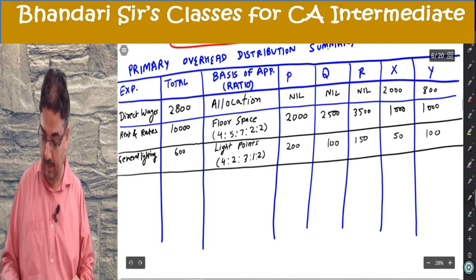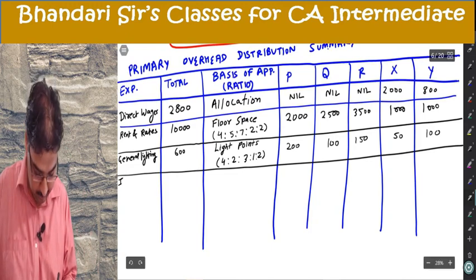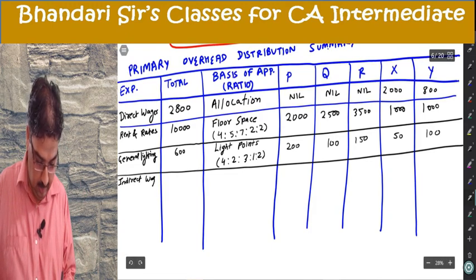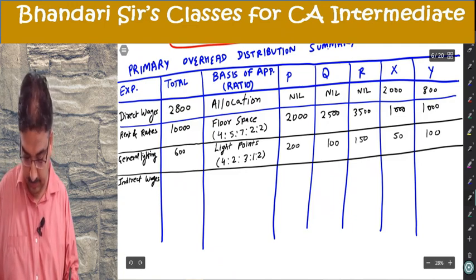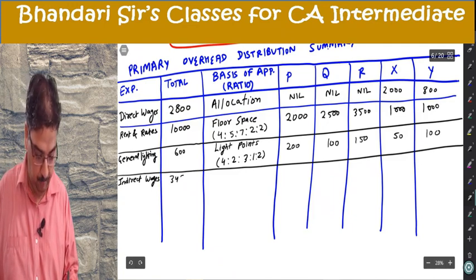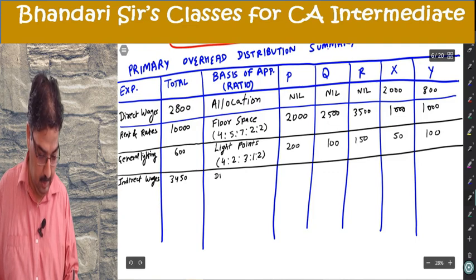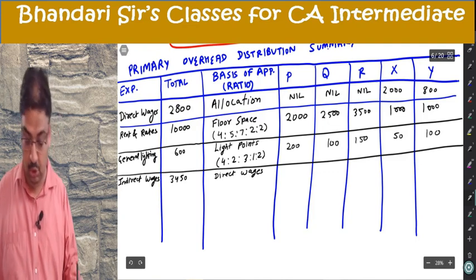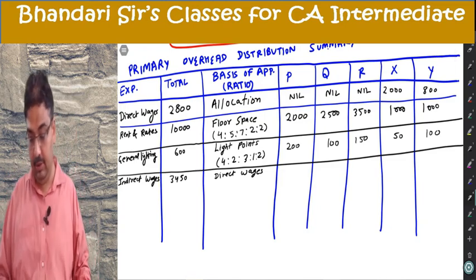Fourth, rather, I can say, indirect wages. Indirect wages, amount given 3450. It has to be on direct wages. Now the ratio should be followed here for direct wages.